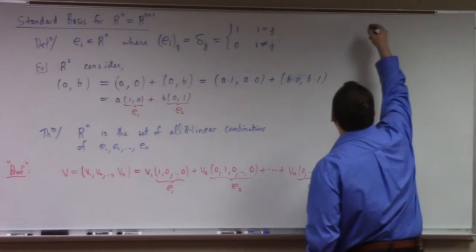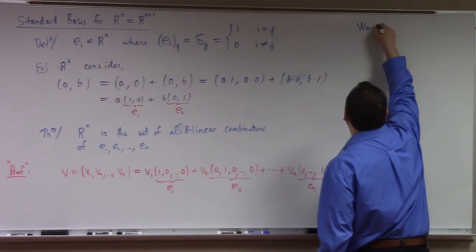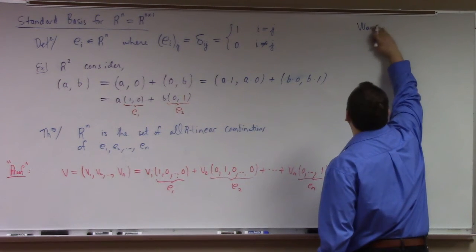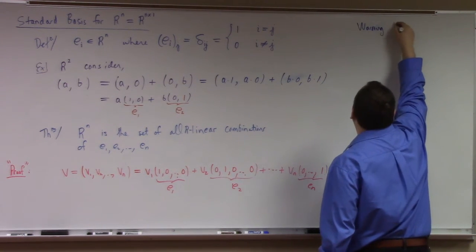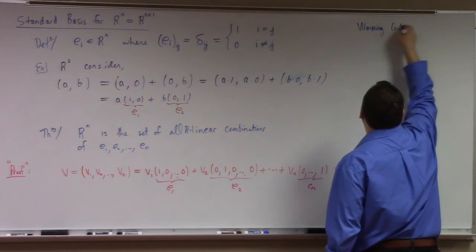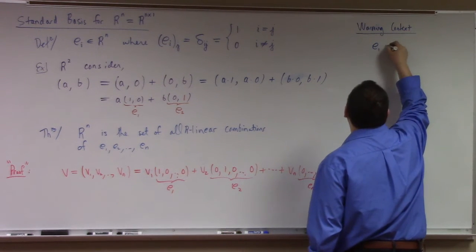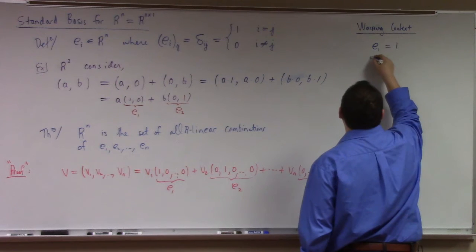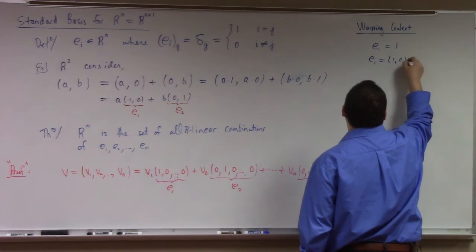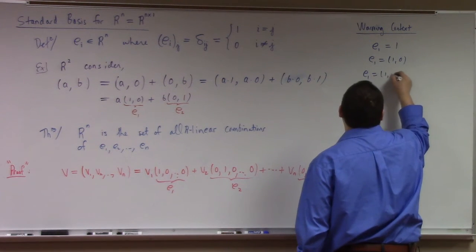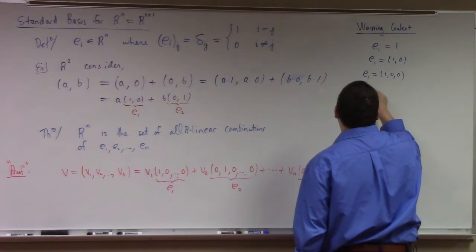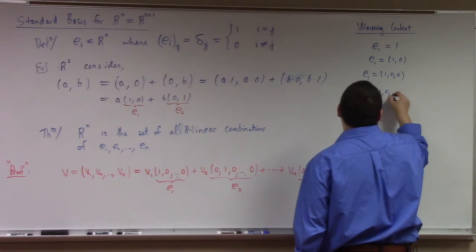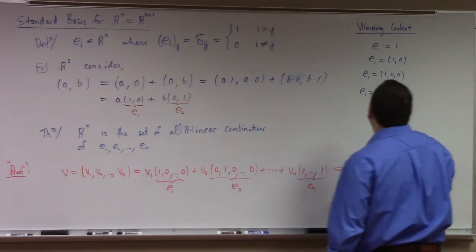And of course, warning, there's an ambiguity here. Context, right? E1 is sometimes (1, 0), sometimes (1, 0, 0), and so on.